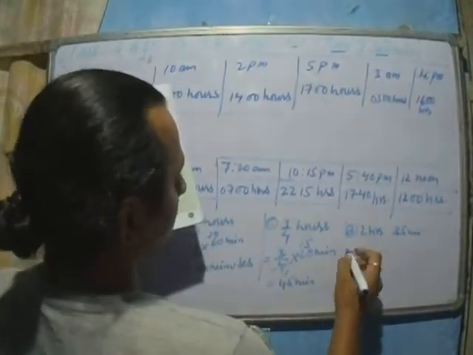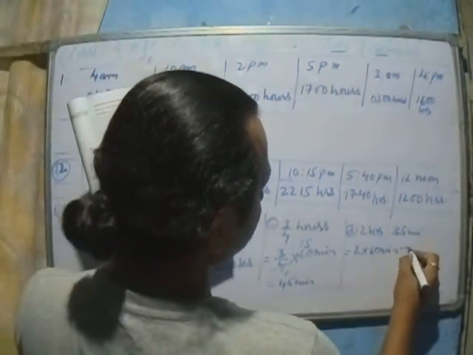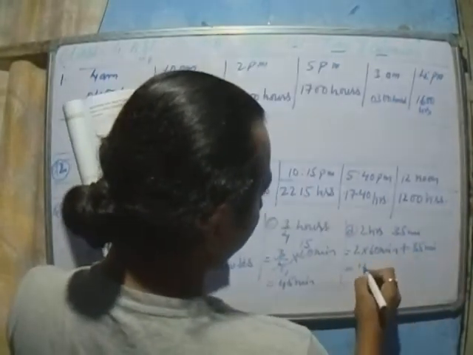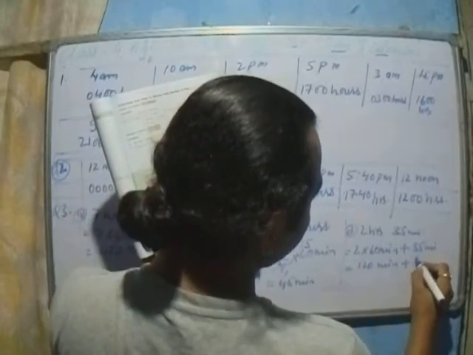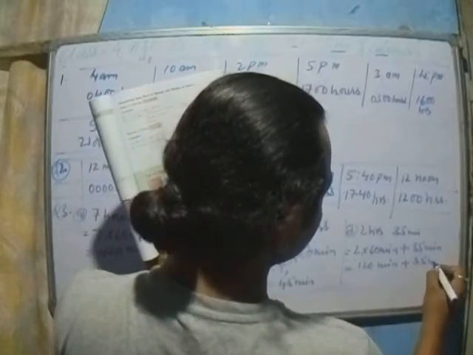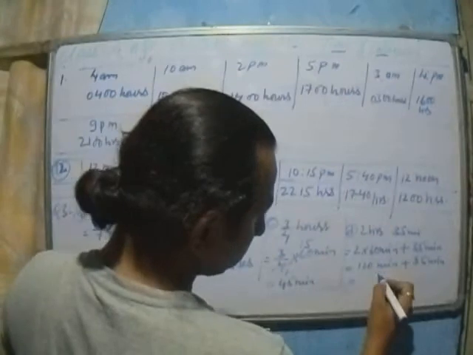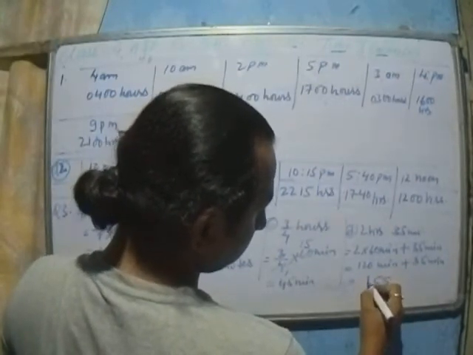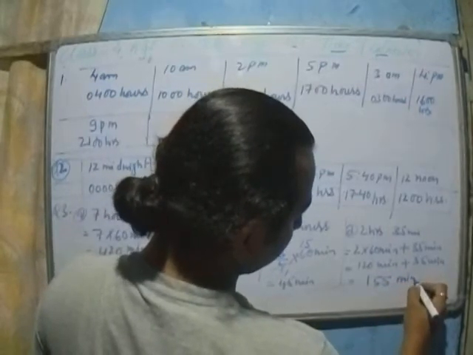Here we need to convert only the hours: 2 into 60 minutes plus 35 minutes. So 120 minutes plus 35 minutes. When we add, we get 155 minutes.